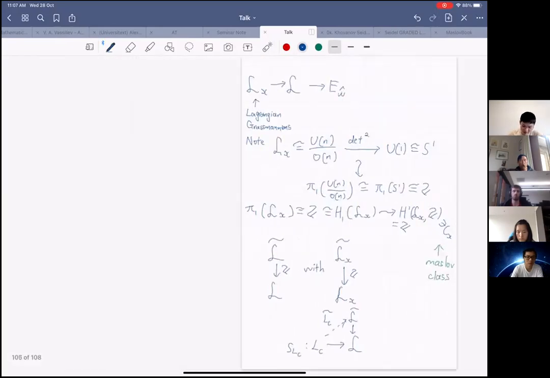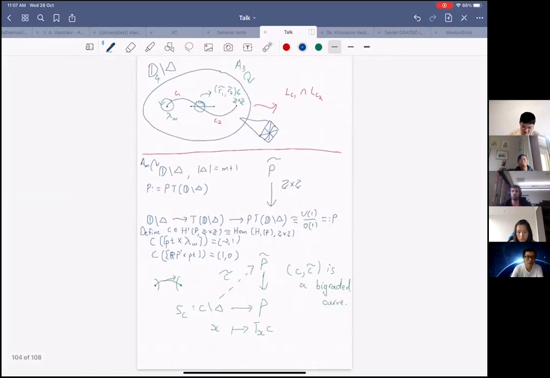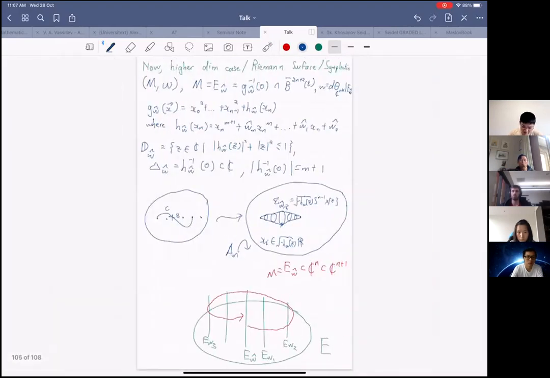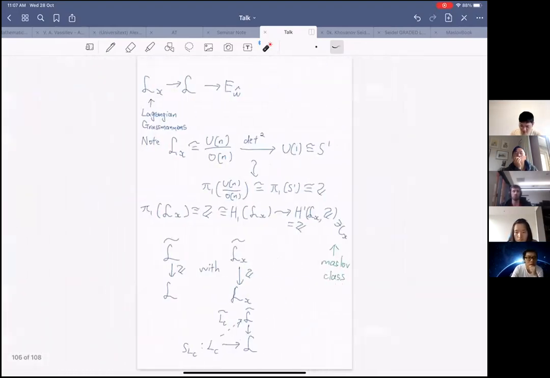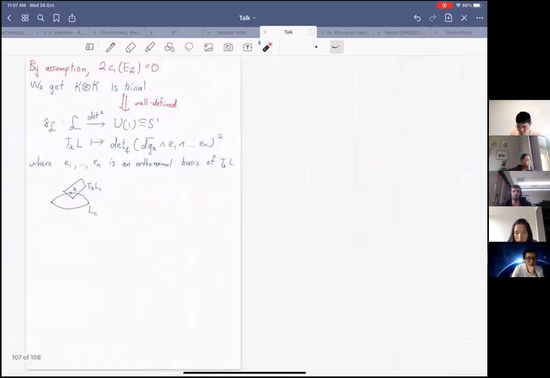This one, the perturbation. Where is the perturbation? This one. Yep.